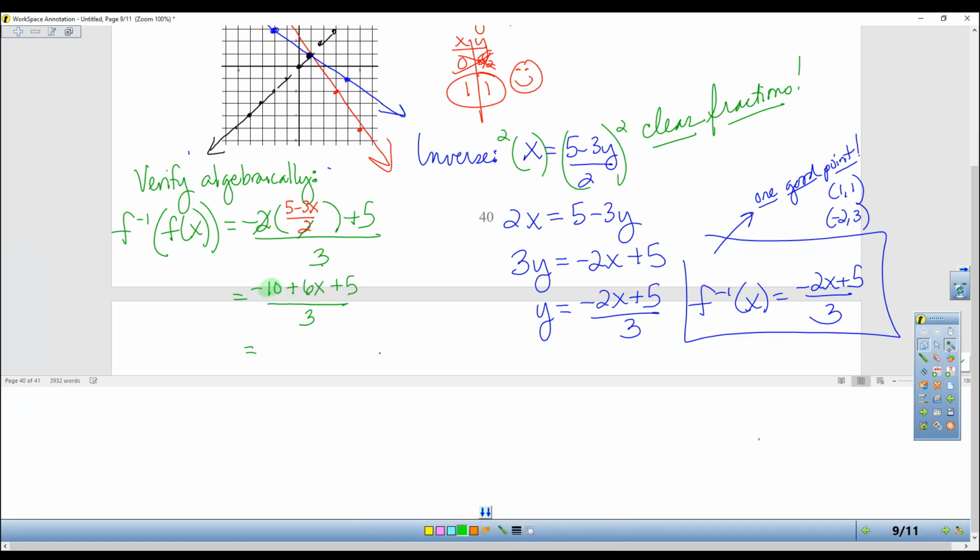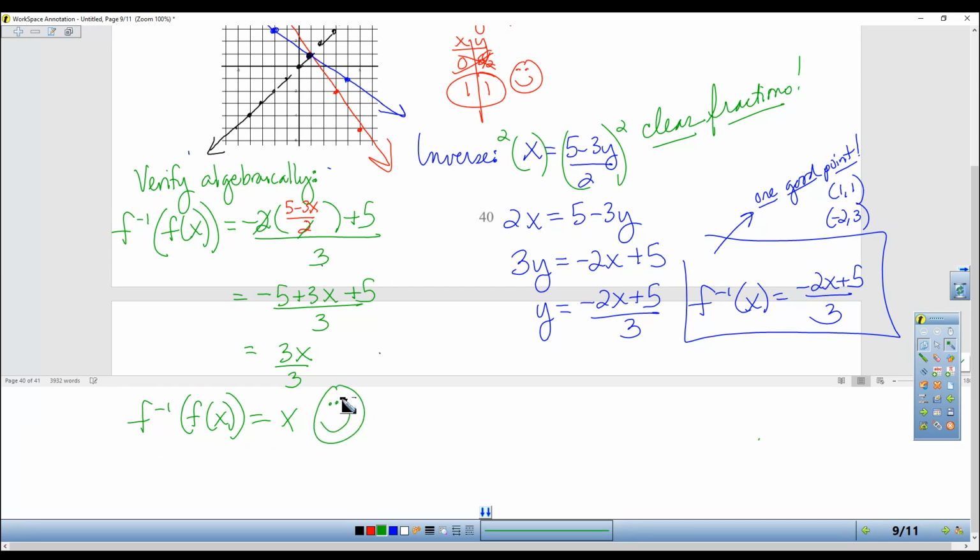You're just going to get the negative, not the 2. So the 2's gone, but you're still going to get the negative. So minus 5 plus 3x plus 5 all over 3. The negative 5 and the positive 5 cancel, and then you just get x. Whenever the inverse and the original function are composed and you get x, then you've verified it algebraically.